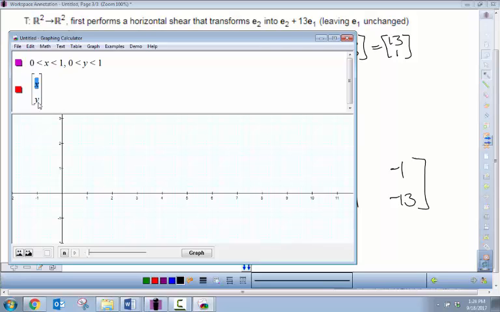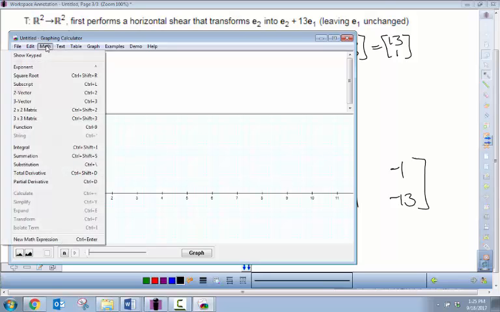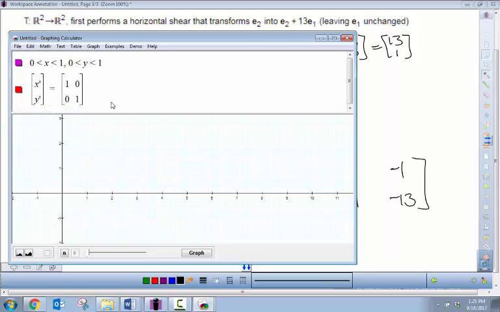What do we want to do? Oh, we want to do a 2-vector x prime, y prime equals a matrix times another 2-vector xy.